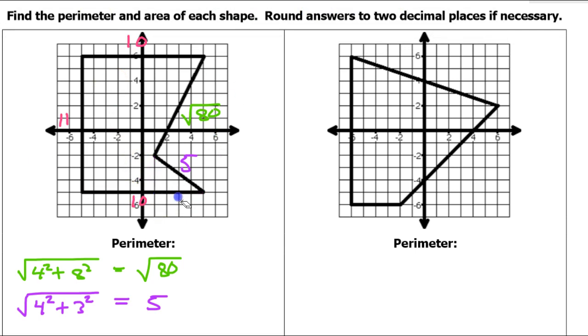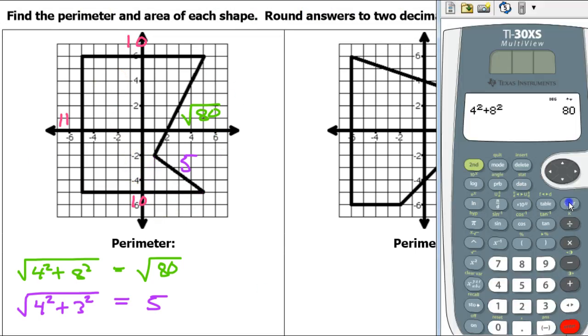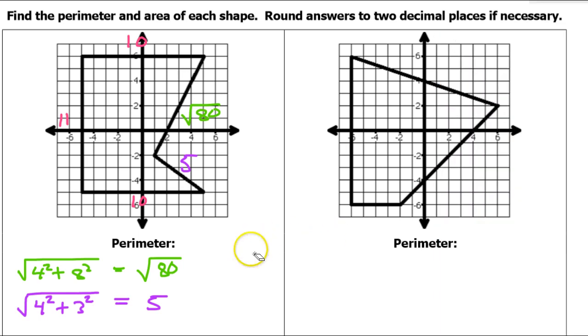If I add them all up, that's going to give me the perimeter. So 10 plus 10 is 20, plus 11 is 31, plus 5 is 36. So I've got 36 plus the square root of 80. That's 44.94.